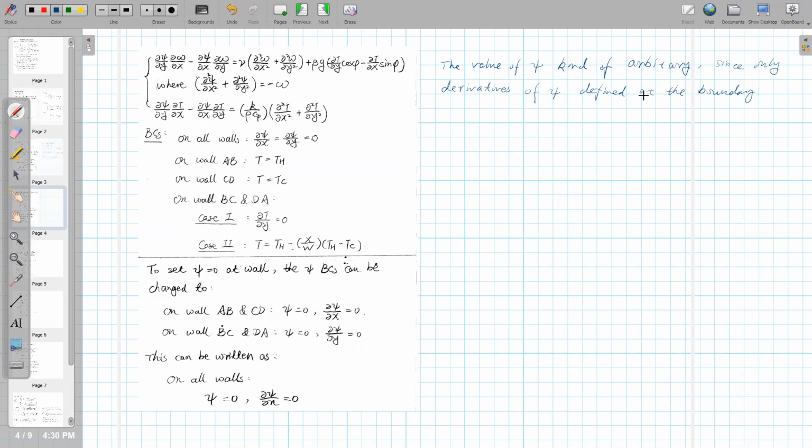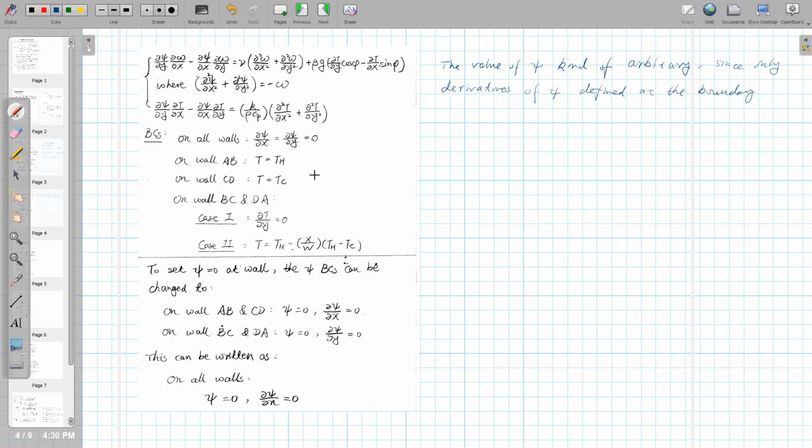The most important thing for the stream function is the difference between two psi values. The absolute value of each psi value is not that important. So that means that we can arbitrarily set an origin value psi equal to 0 for this problem.